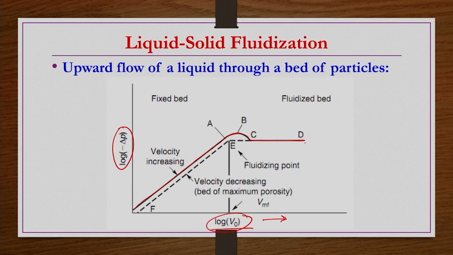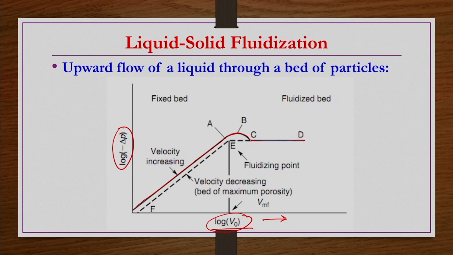So then you gradually decrease the velocity. To a certain point C, you get back your curve; you get the DC curve as you decrease the velocity.